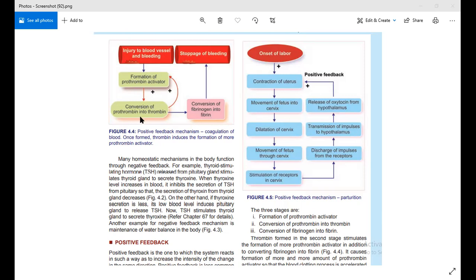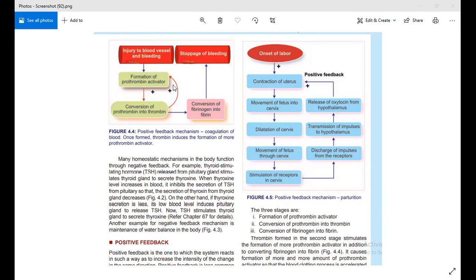This conversion of prothrombin also went back to stimulate the formation of prothrombin activator again. So prothrombin activator led to the conversion of prothrombin into thrombin. And this thrombin will do two things. One, it will convert fibrinogen into fibrin. Two, it will come back again.